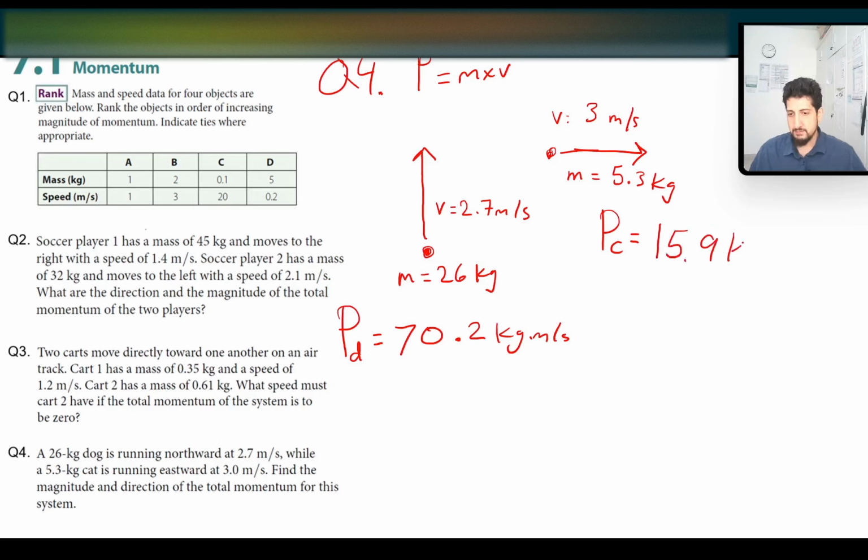But we're not done, and we can't simply add them because they're not on the same plane. Don't make the mistake of just adding them, because one is pointed this way and the other is pointed this way. So what we do is make a triangle, such that this side is 70.2.